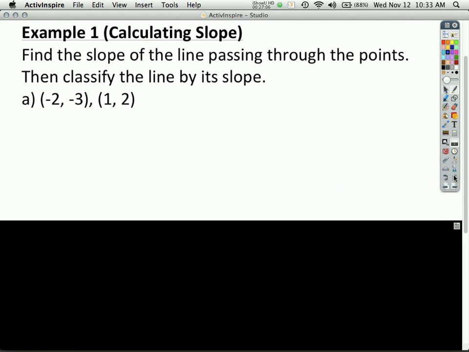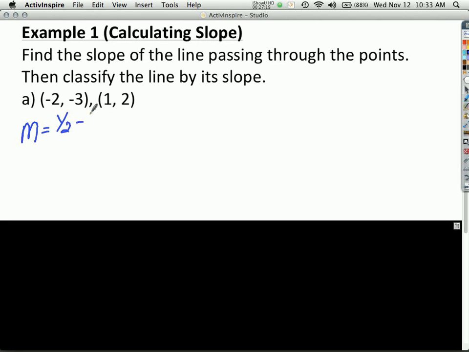So now, to help ourselves remember the formula, you're going to be asked to write it 3 times initially, and then you don't have to write it anymore. So we're going to start out by writing m equals y2 minus y1 over x2 minus x1. If you put a y where an x is, and if you put a number in the wrong place, then it will be wrong.